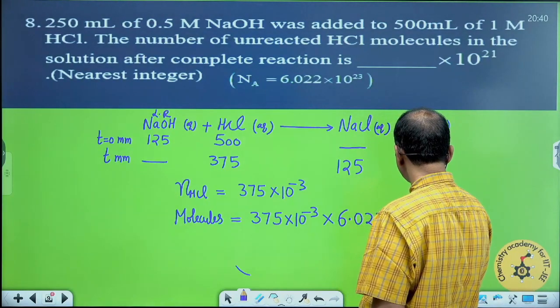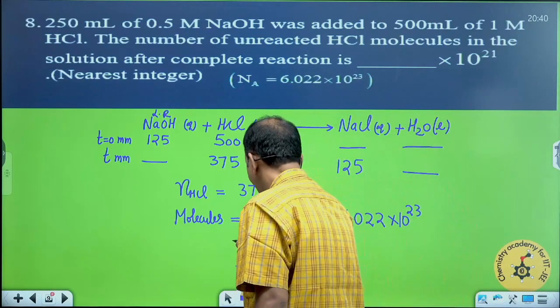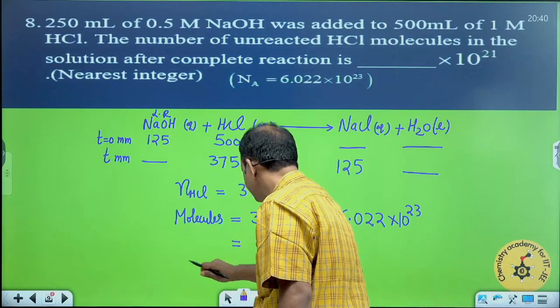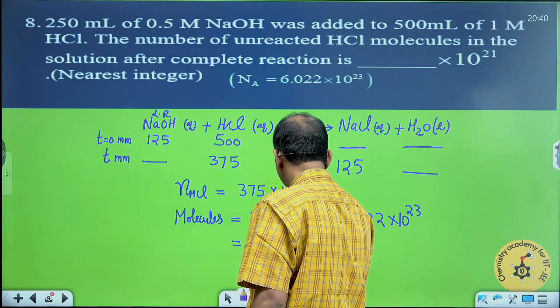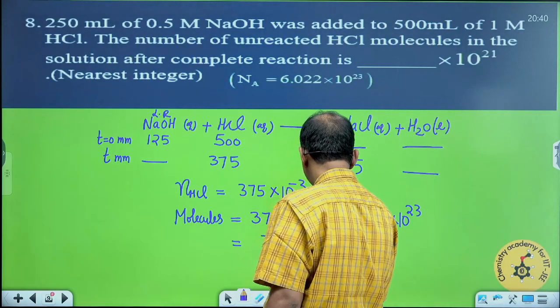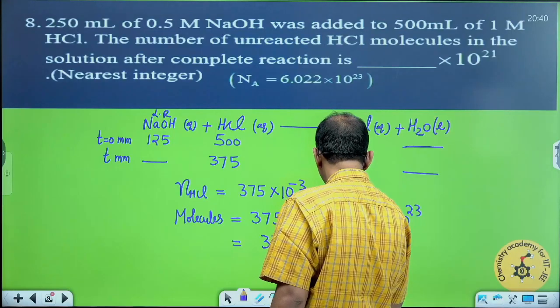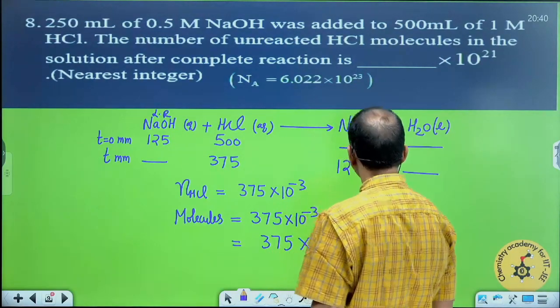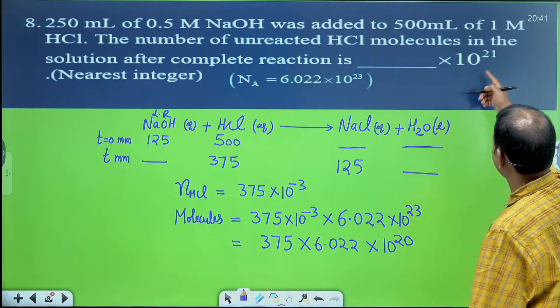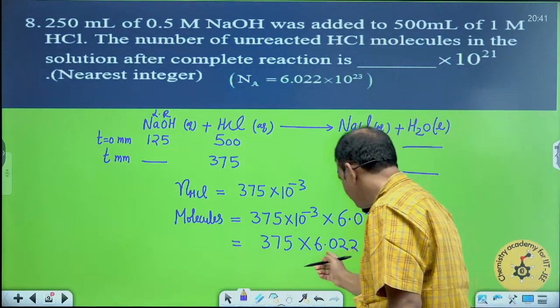So from here, if I simplify, this value is equal to 375 into 6.022 into 10 to the power 20. And we have to write it as 10 to the power 21. So we'll multiply this.